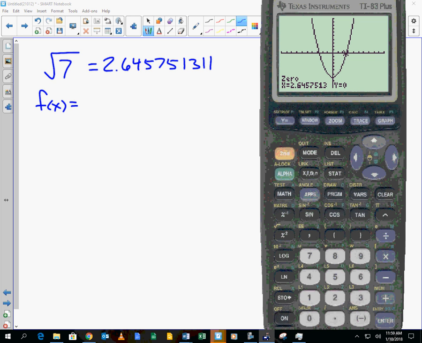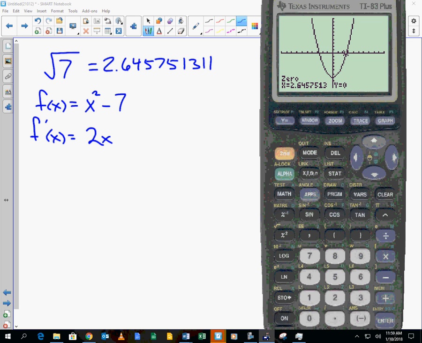Okay, one more shot to show you the connection. This is cool. What's the function that has a solution of the square root of 7? X squared minus 7, right? So all good with that? So what's f prime of x? 2x.